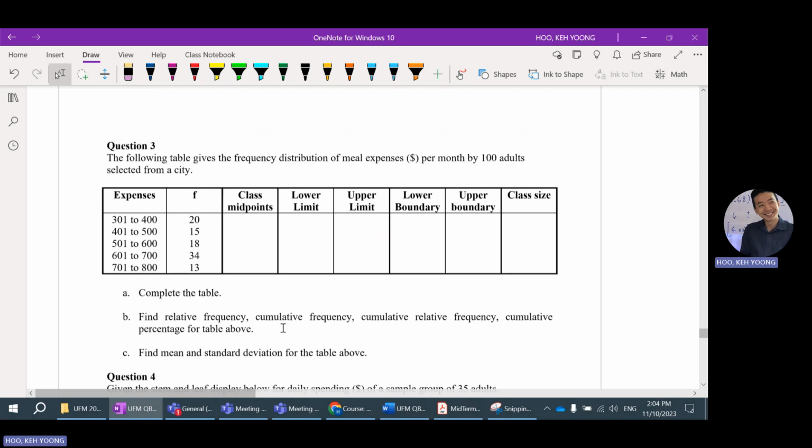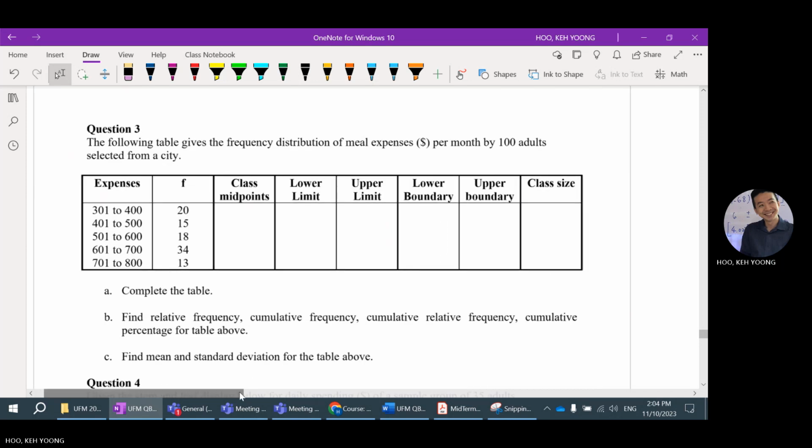All right, so I'm going to continue with question 3. The following tables give the frequency distributions of the meal expenses per month by 100 adults selected from a city. So your sample size, your total frequency, is hundreds.